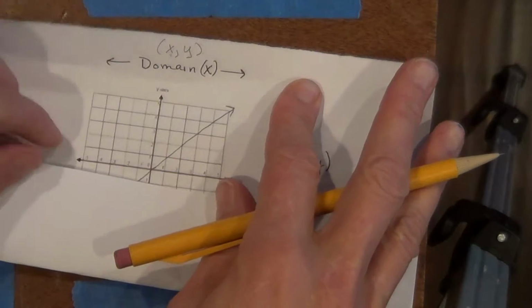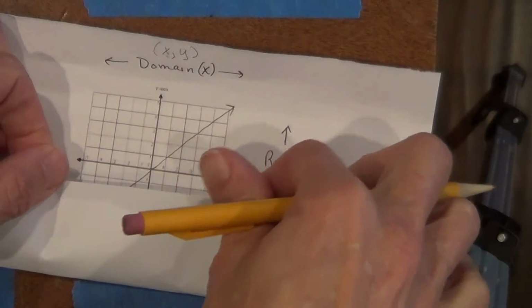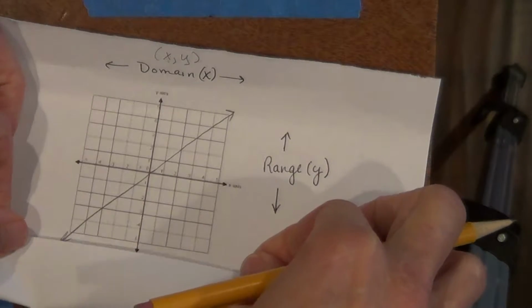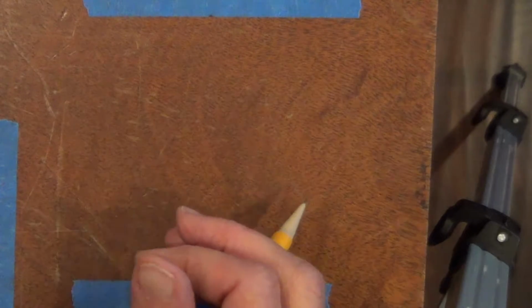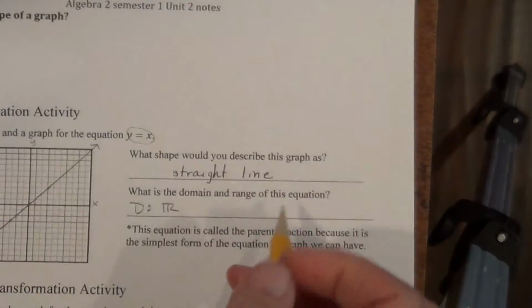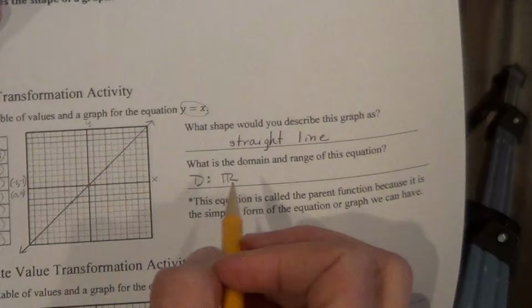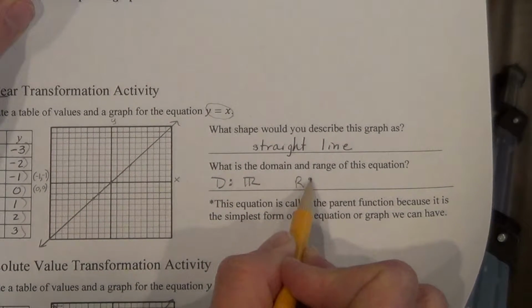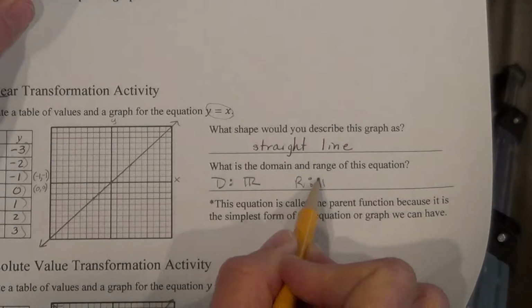There's no restriction there. When we look at this side to see the restriction, oh, that arrow's pushing that one out as well. So for linear, your domain and your range is all real numbers.